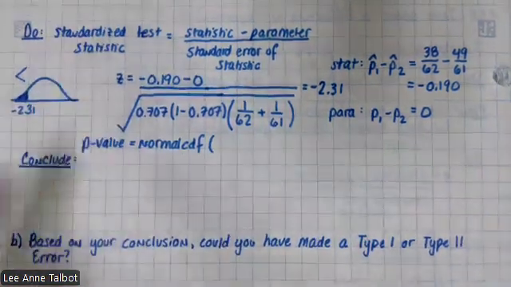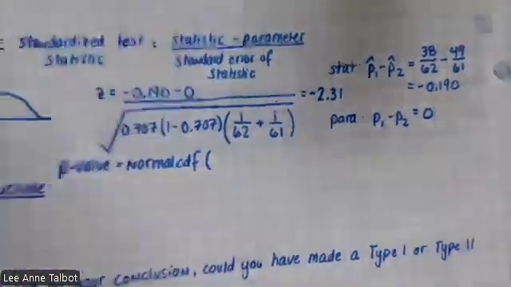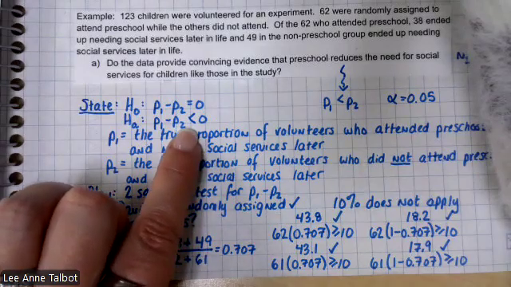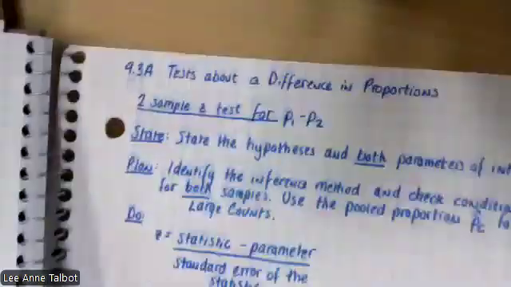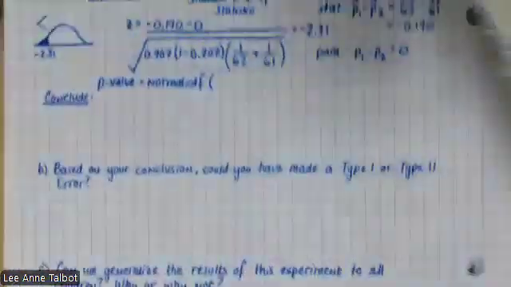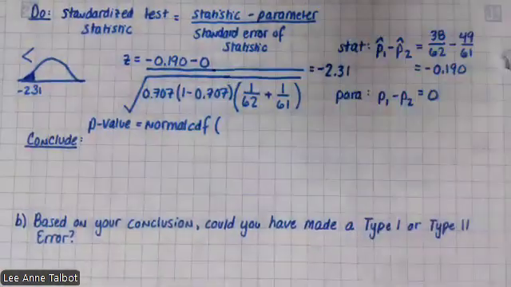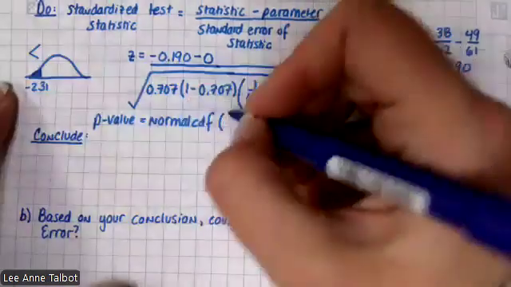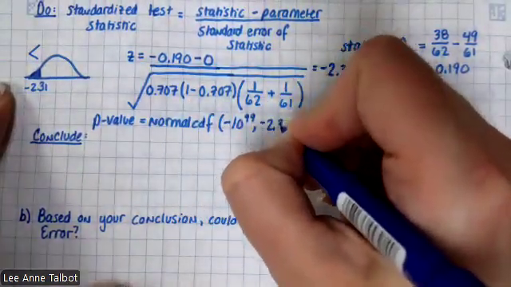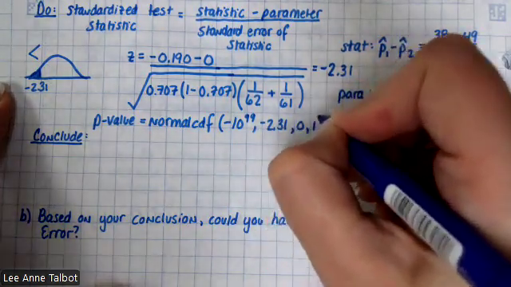So you want to take this moment and check: did I write the right thing in my hypothesis? Oh, yes, it's less than. So if it's less than, you'll notice your z is going to be negative. If it's greater than, you're going to notice it's positive. You'll be able to check yourself as you go through. Okay, anyway, negative infinity, negative 2.3101.